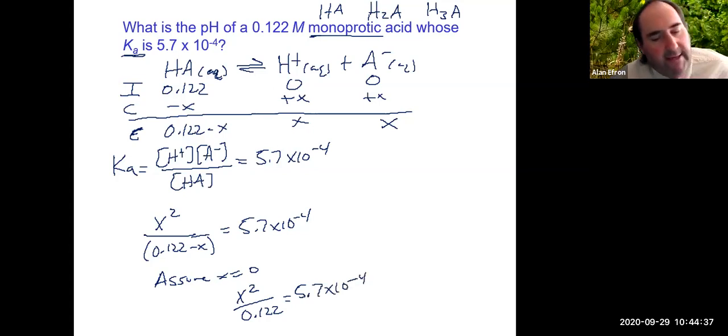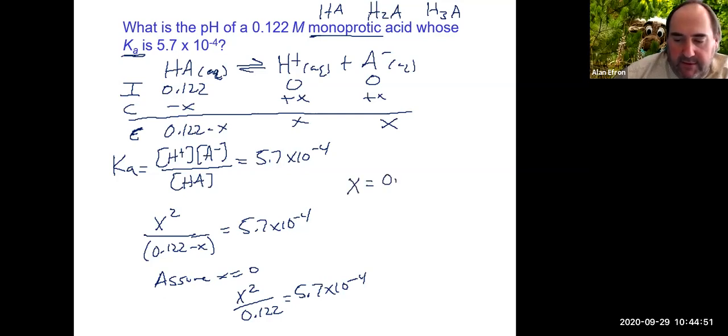If we do that, to solve for x we take 5.7 times 10 to the minus 4, multiply it by 0.122, and take the square root of it. It's going to give us an x value of 0.00834. We do want to check it. So we take that, divide it by 0.122, our initial concentration, and multiply by 100%.